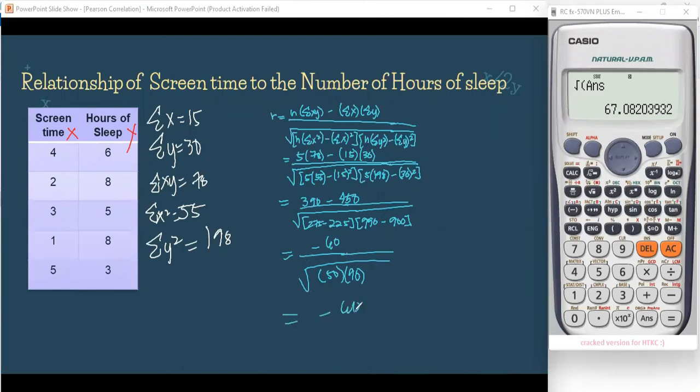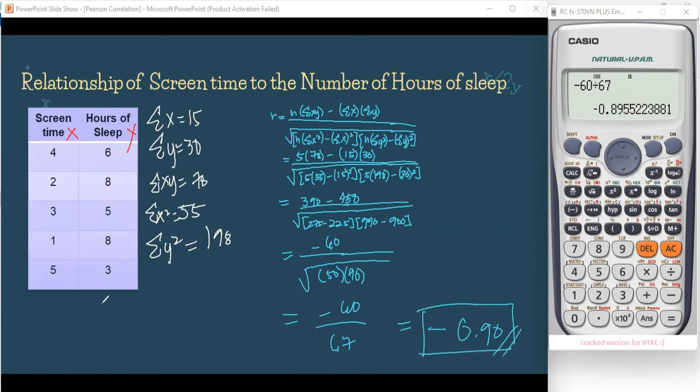Equal to negative 60 divided by 67. So that will give us negative 60 divided by 67. So that is negative 0.8955, or simply approximately negative 0.90.